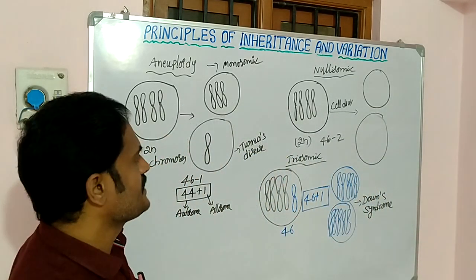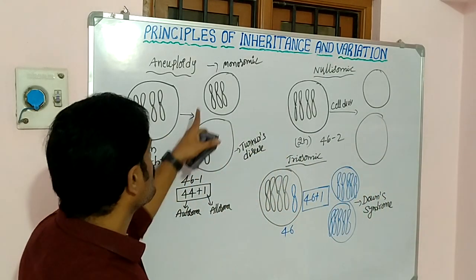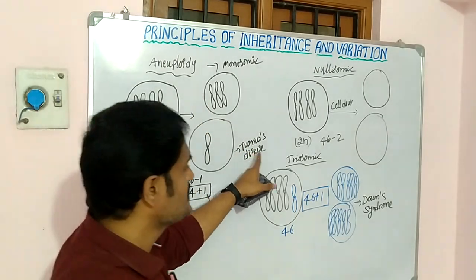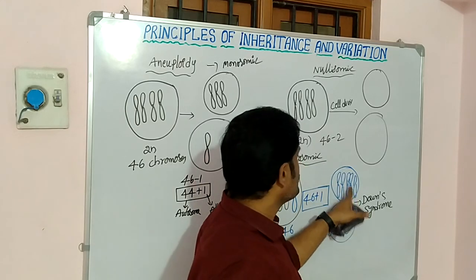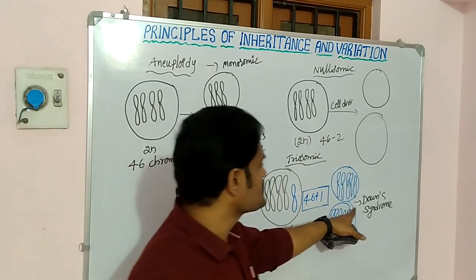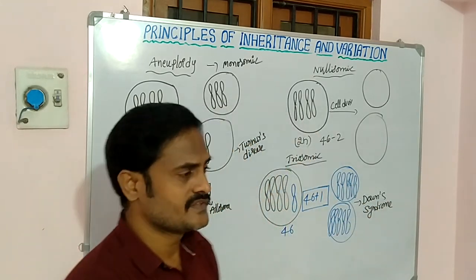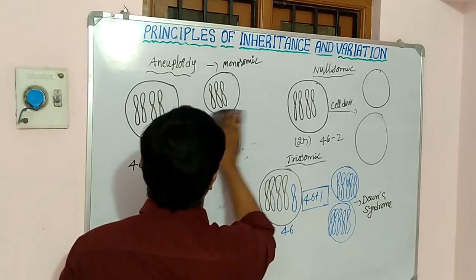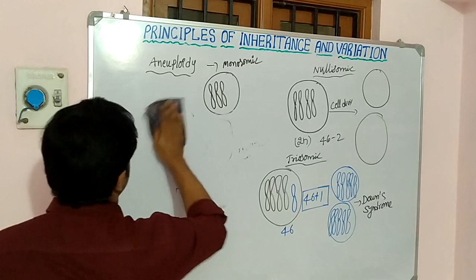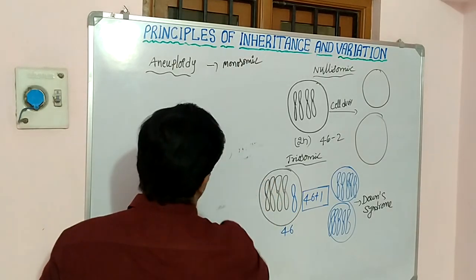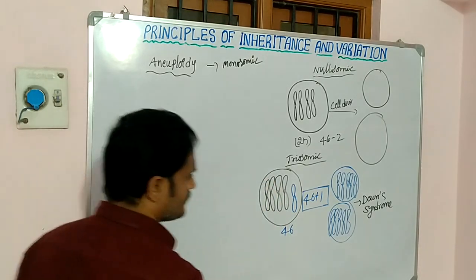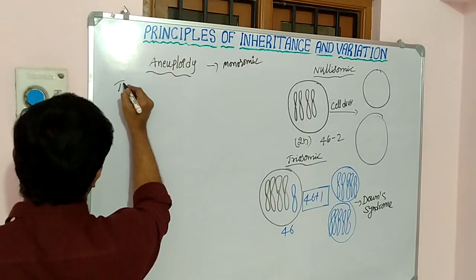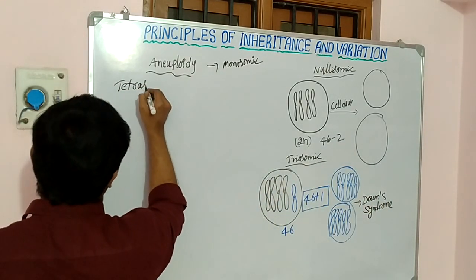Here are two types of diseases: the monosomic chromosome condition causes Turner's disease and the trisomic chromosome condition causes Down's syndrome. Next, the final one is called tetrasomic. In aneuploidy, tetrasomic.